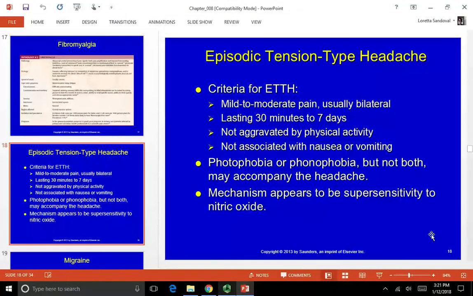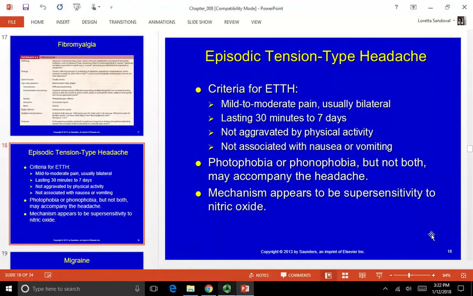Sometimes migraine has both. The mechanism for ETTH appears to be super sensitivity to nitric oxide, a molecule that's used in the transmission of nerve impulses that sensitizes nociceptive pathways in the central nervous system.